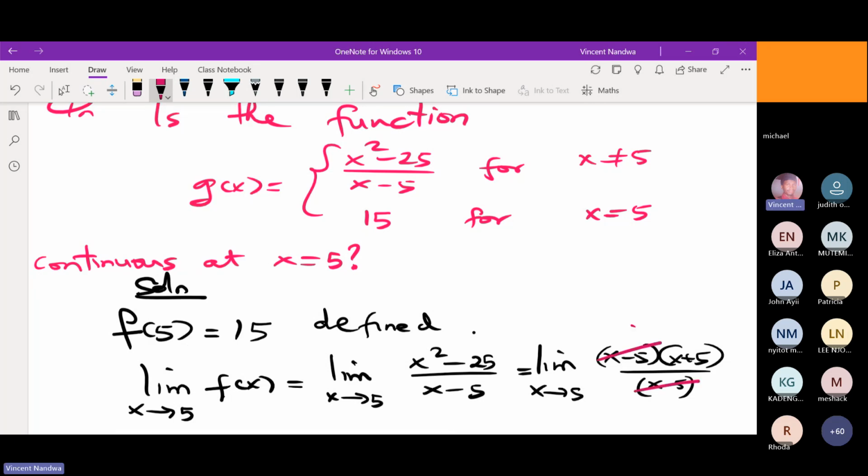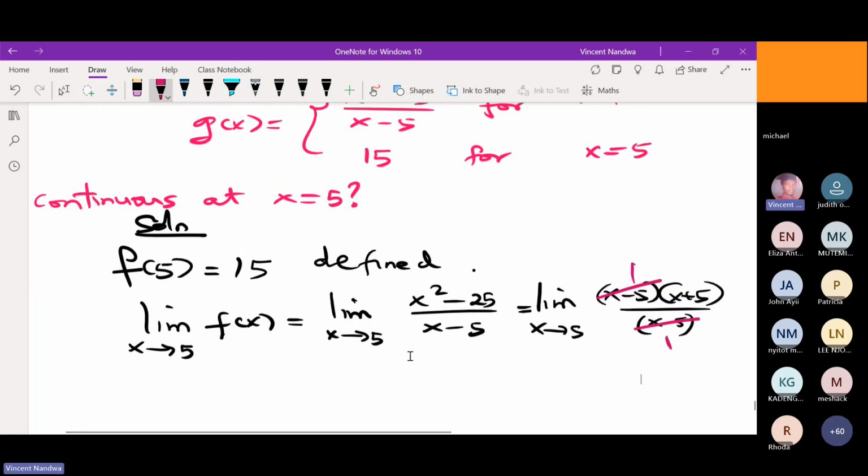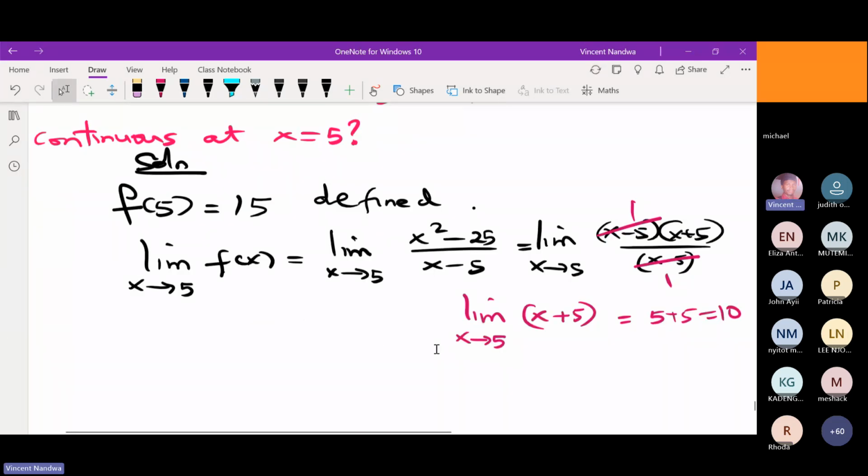So we will have the limit as x approaches 5 of x plus 5, and then by direct substitution, just 5 plus 5, which is 10. So we have that as our limit.